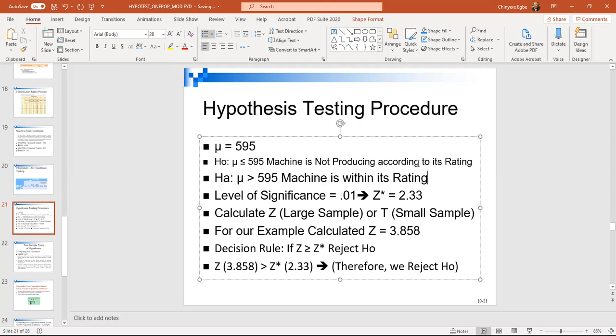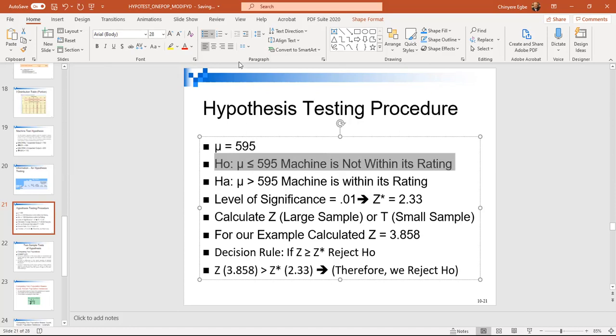Let me make this a little bigger. It's not within. Or it's below. So the machine is not within its rating or it's below it.